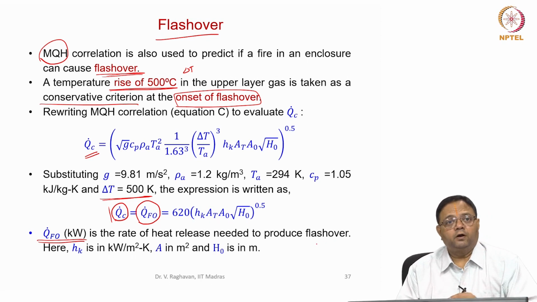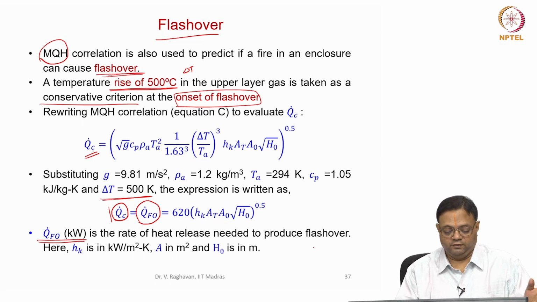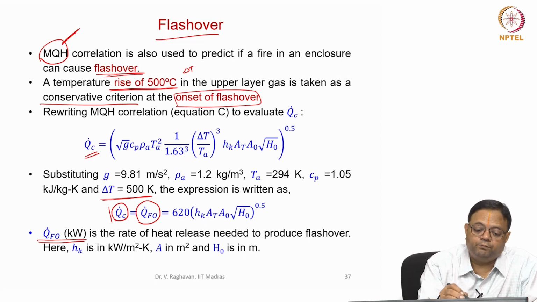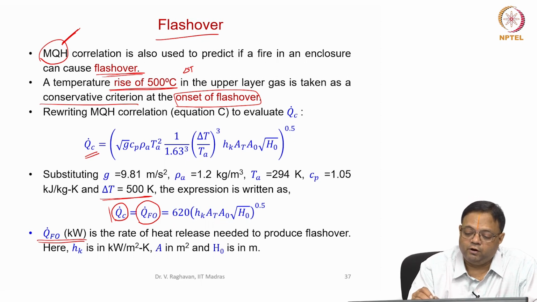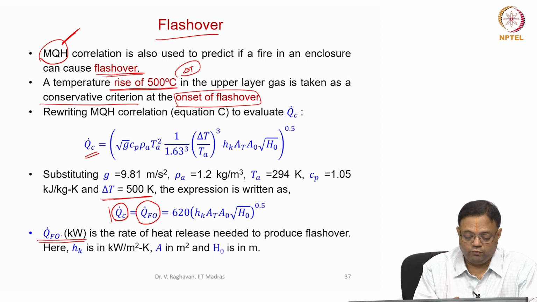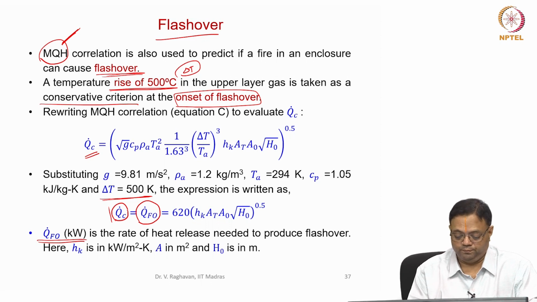If the Q dot is less than this, flashover will not occur. That is the thing. So by using the MQH correlation and by setting the delta T value of about 500 Kelvin, which is one of the thumb rules for the onset of flashover, we have estimated the convective heat transfer rate which will cause the flashover.